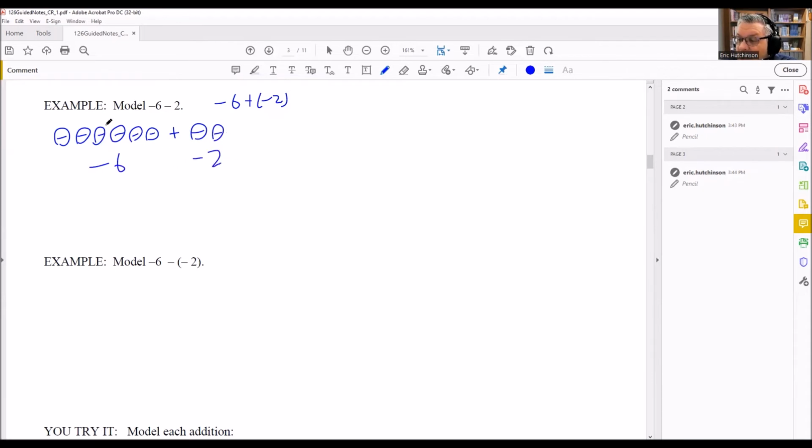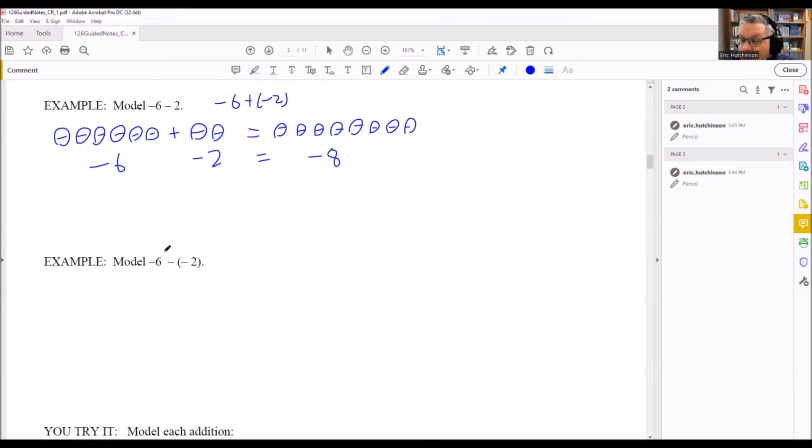Now, if we add all that together, we have all these negatives together, which is going to give you 1, 2, 3, 4, 5, 6, 7, 8 negatives. Just like that. Which means that now we get -8. So if I have -6 minus 2, it's like -6 plus -2. So we have 6 negatives, adding 2 more negatives. We have a total of 8 negatives. And that's what we would have there.